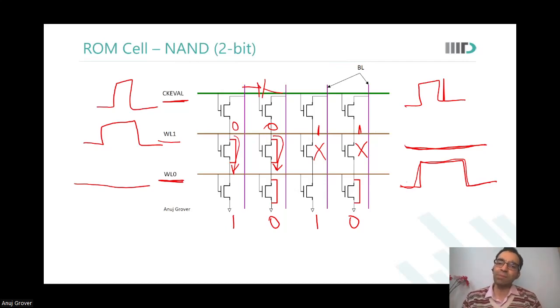Even if that means larger power consumption, fine. Even if that means a little higher delay, you would say fine. But at least it is deterministic. It is in my control. Because there are so many other variables which will come into the picture on silicon which are not in my control. So you want to keep as many things in your control. So you prefer to do source programming on the NOR ROMs rather than drain programming.